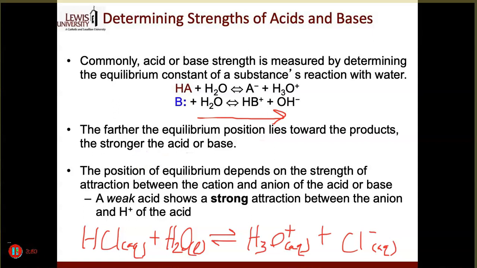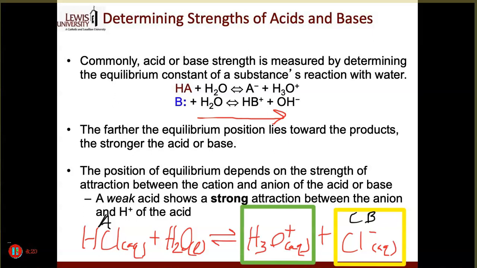Now, the degree of dissociation is dependent on the strength of the interaction between the anion and the hydronium ion. How readily does the conjugate base of our acid react with the hydronium ion?